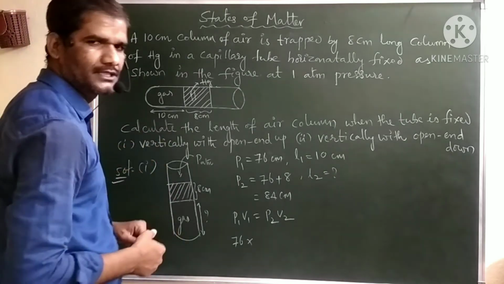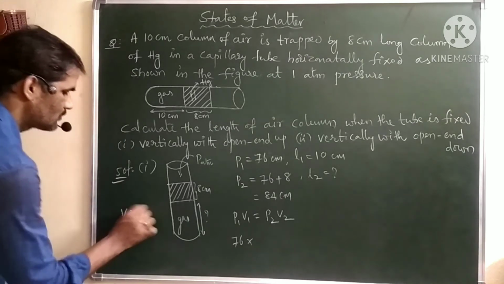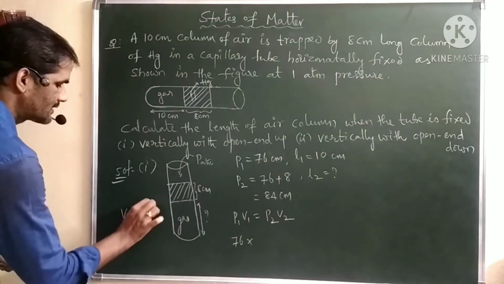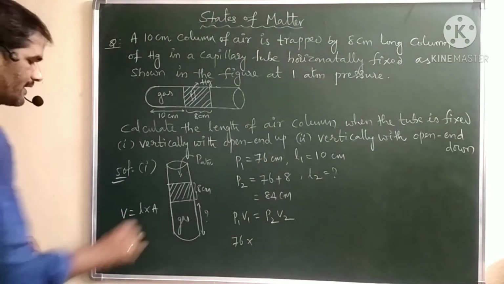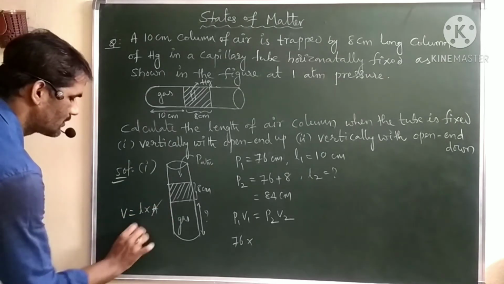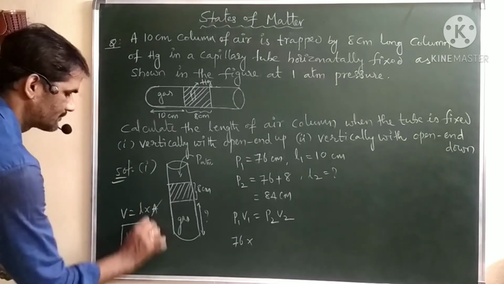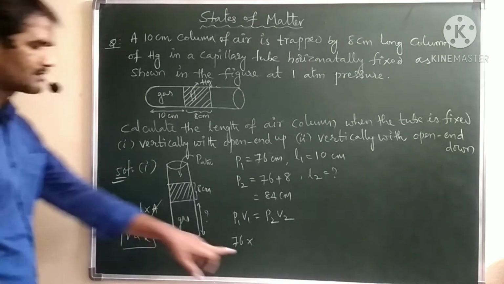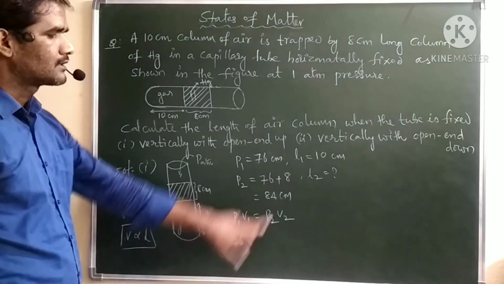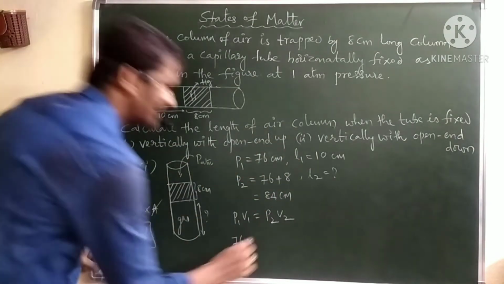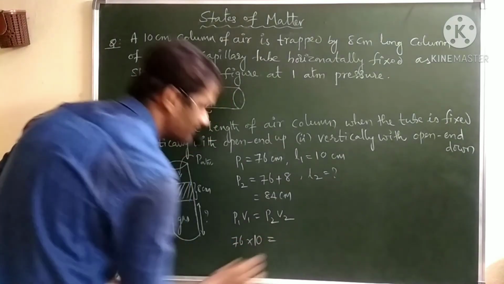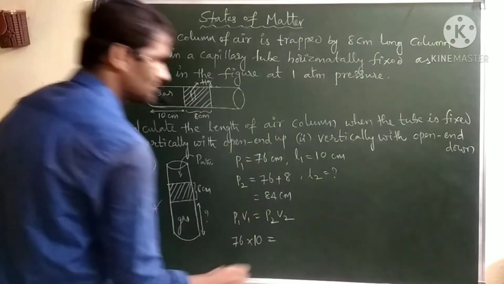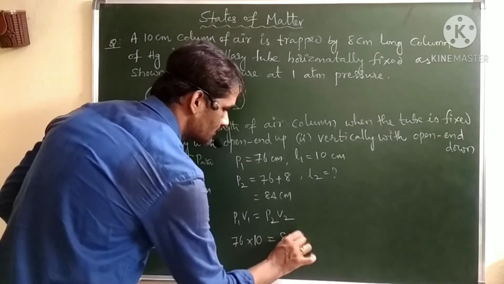If the area of cross section is the same, we have volume equal to length into area. If area is constant, then volume is directly proportional to length. So in place of volume, we can write the length of the tube, that is 10 centimeters. And P2 is 84.